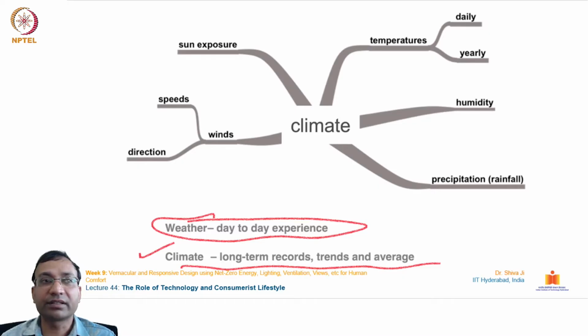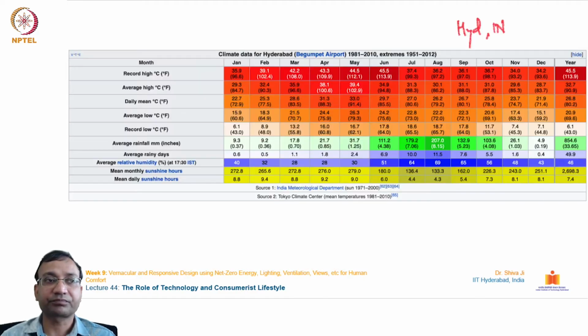You can see the elements of climate: the sun, the winds, the humidity, the temperature, the precipitation. Collectively these are the elements, and in a combination of these elements a climate is constituted.